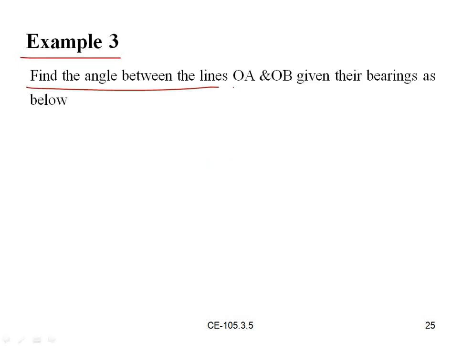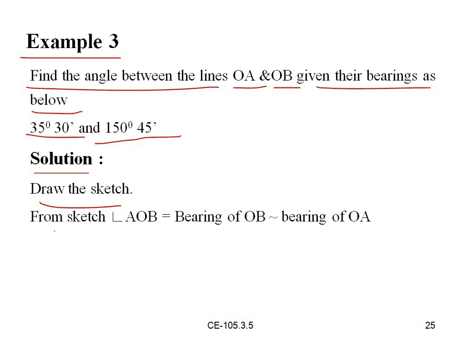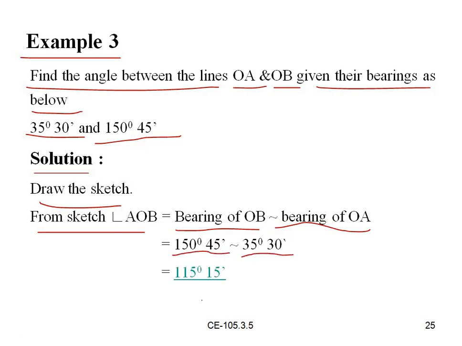Find the angle between the lines OA and OB given their bearings as below: 35 degrees 30 minutes and 150 degrees 45 minutes. Solution. Draw the sketch. From the sketch, angle AOB is equal to bearing of OB minus bearing of OA. So that is 150 degrees 45 minutes minus 35 degrees 30 minutes, which is equal to 115 degrees 15 minutes.